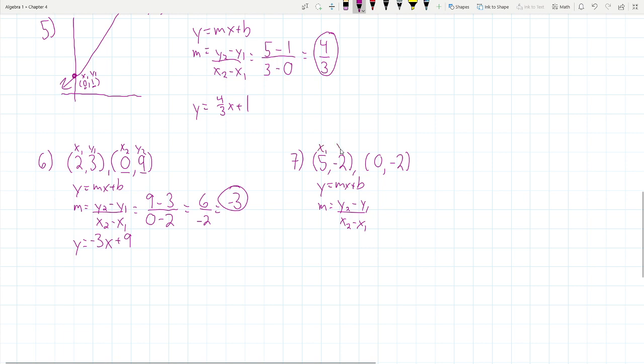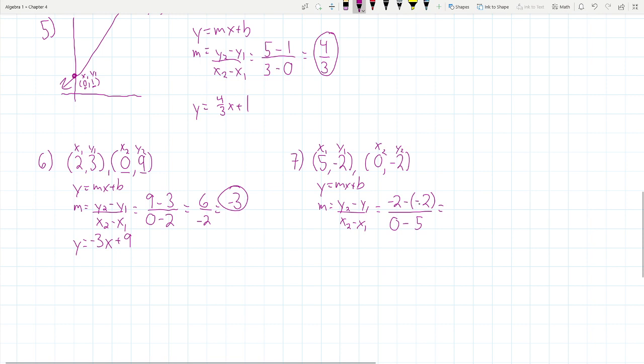So this is x1, this is y1, this is x2, this is y2. So when I plug this in, I go y2, which is negative 2, minus y1, which is negative 2, all over my x2, which is 0, minus x1, which is 5.